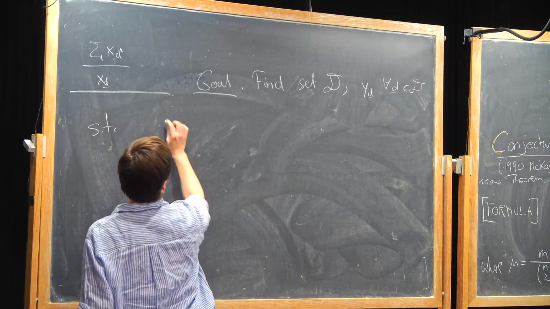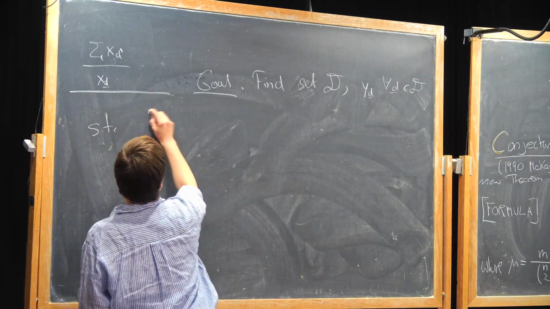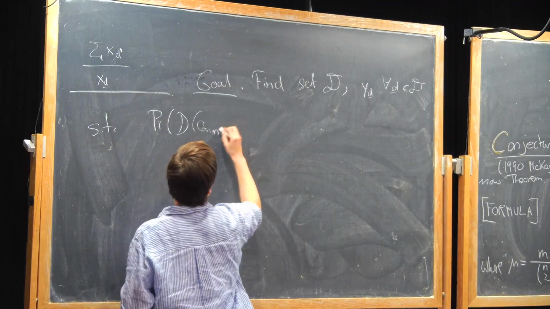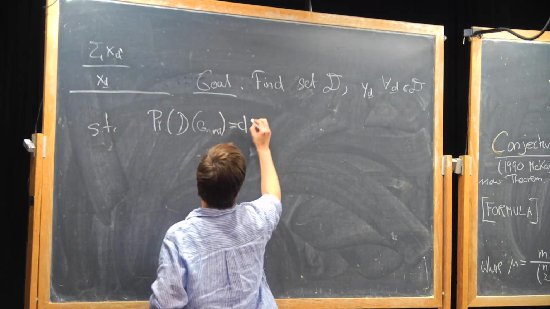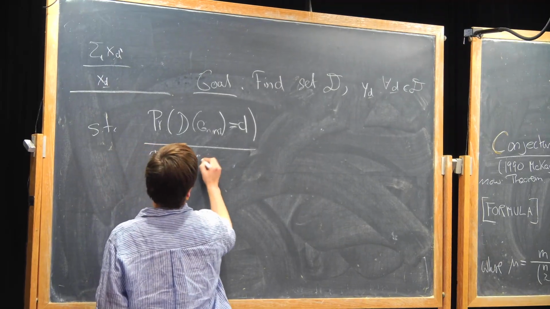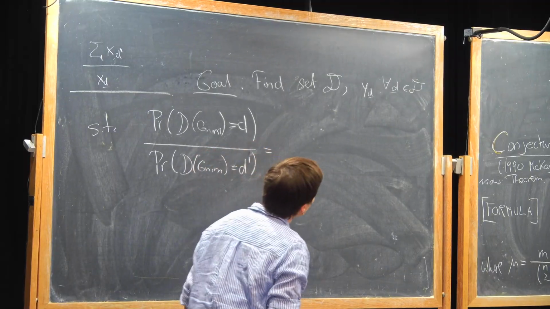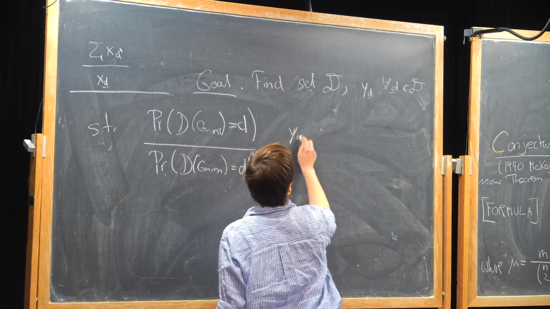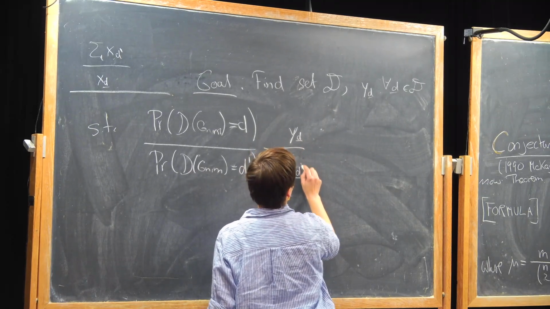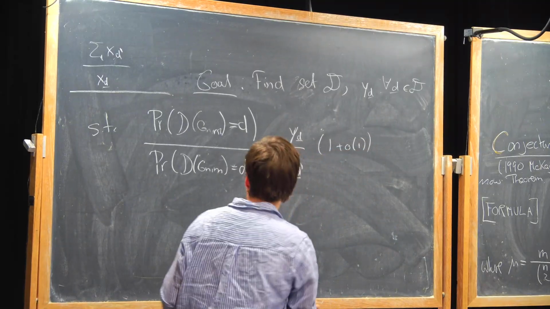we have three things. One is that the ratios of probabilities in G and M, for D and D prime, are equal to the ratios of these YD and YD prime, times, all we need here, a little o of 1 error.